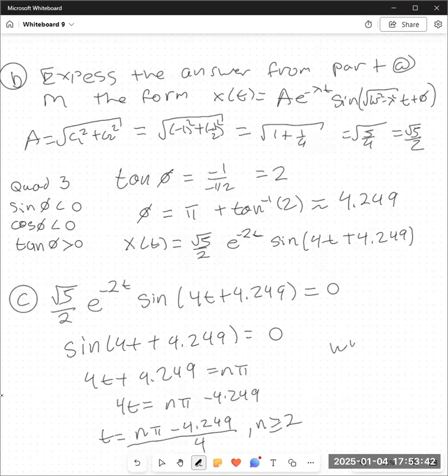So when n equals 2, I'm sorry, 3, because n equals 2 is when it's on its way down. So when n equals 3, it's on its way up. So that t is going to be about, and you can figure this out with your calculator, 1.294 seconds.